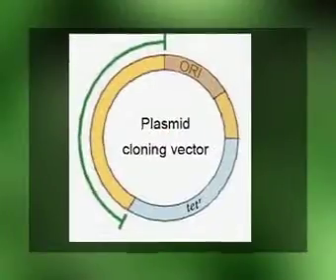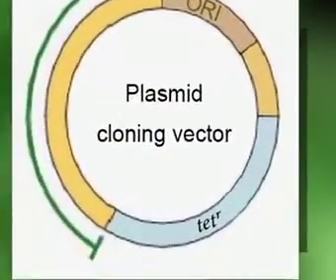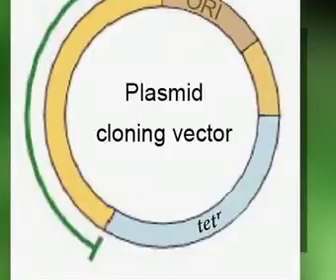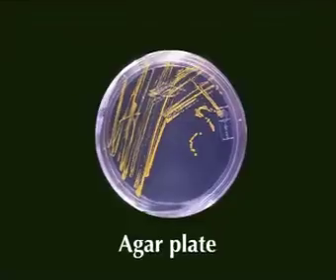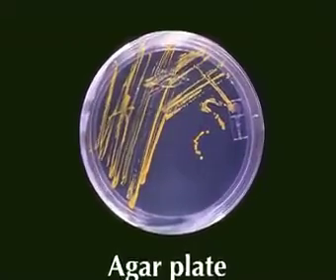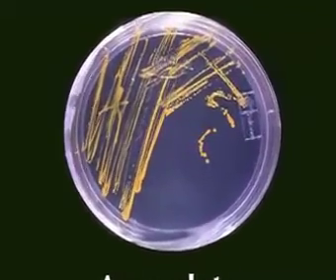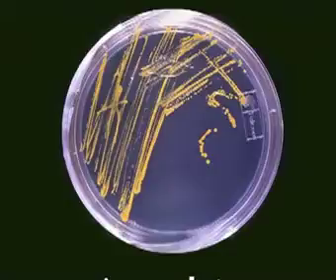Cells harboring such a plasmid will become tetracycline resistant. Plating of transformed cells on plates containing tetracycline will therefore only result in growth of cells harboring the pUN121 vector with inserted DNA fragments.